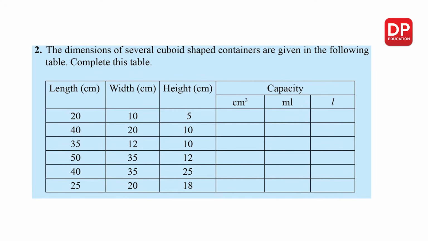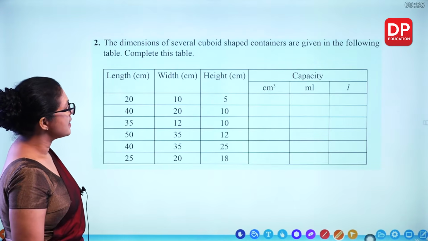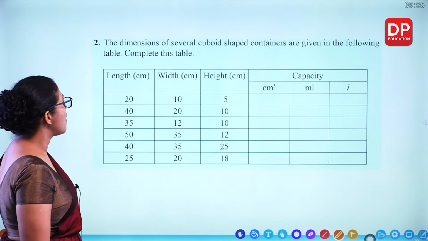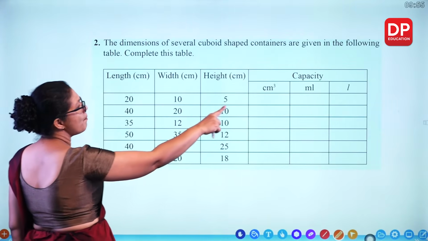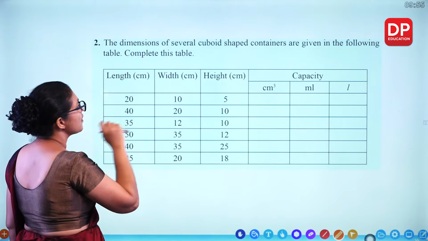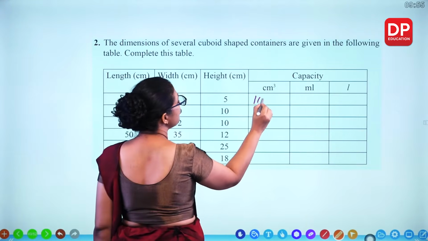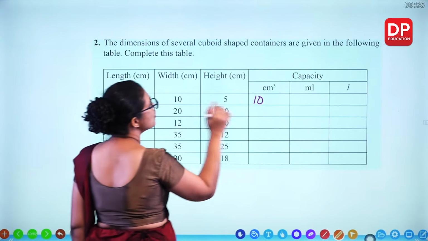The dimensions of several cuboid shaped containers are given in the following table. Complete this table. Length, width, height. Capacity you have to write down. So multiply and you can put the cubic centimeter value. 5 times 2, 10, and put 2 zeros.